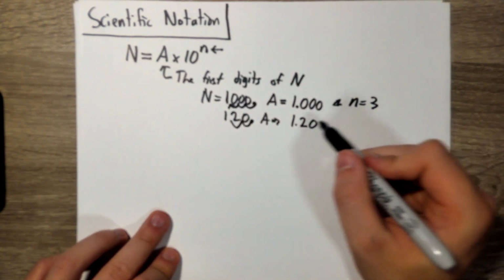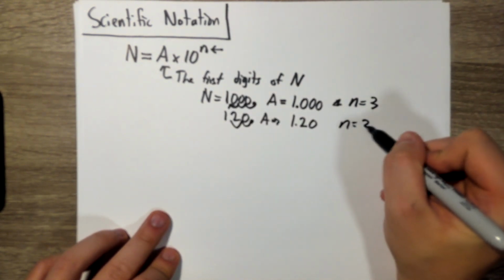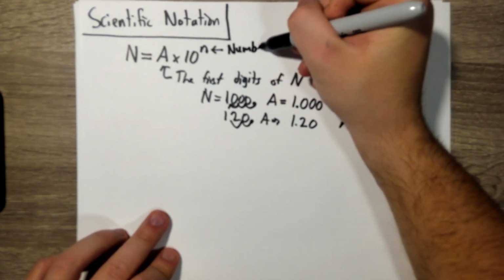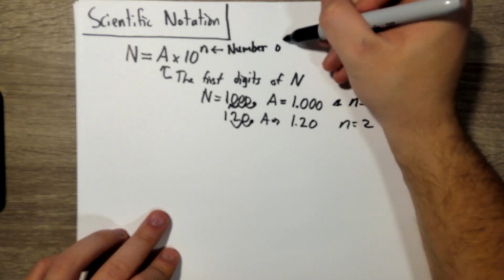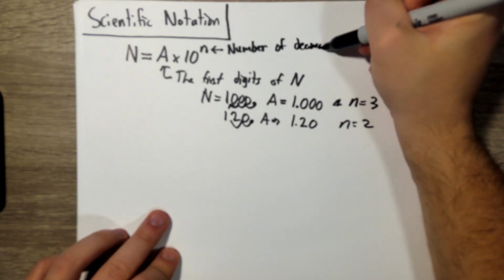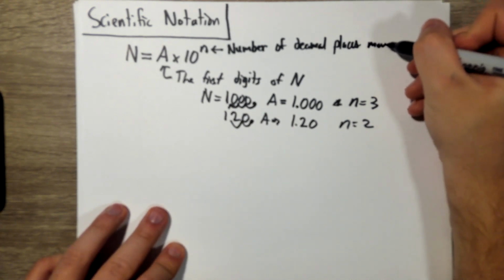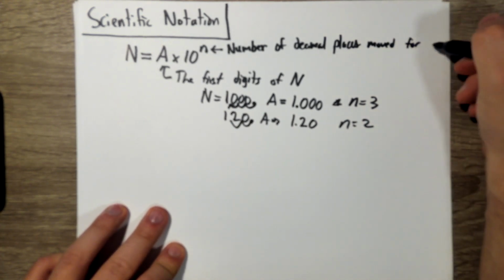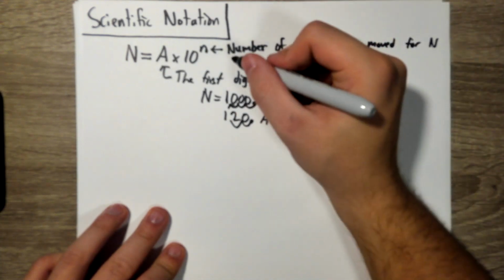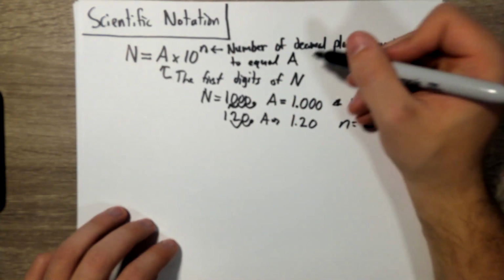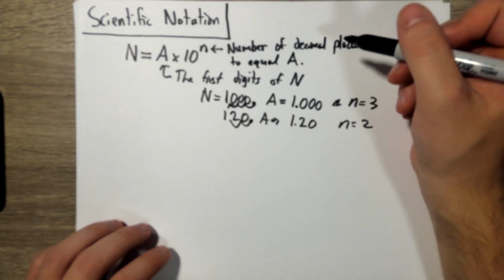You move over 2, so n equals 2. So to write it down, lowercase n is the number of decimal places moved for N to equal A. That's the definition of that.